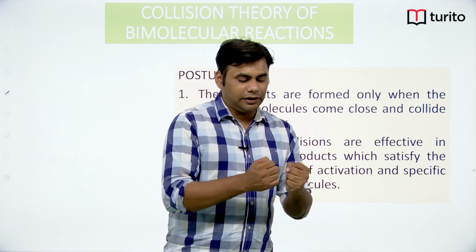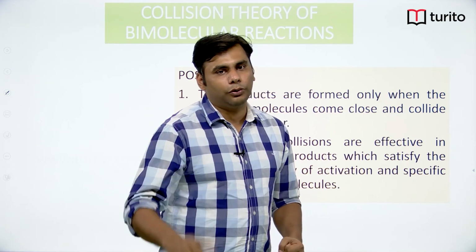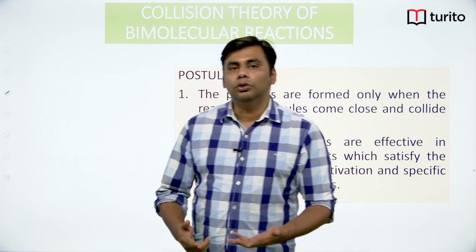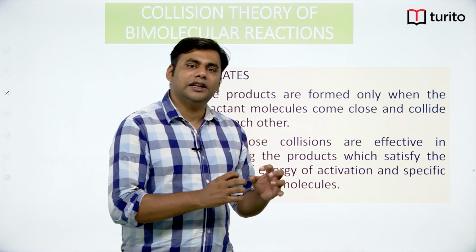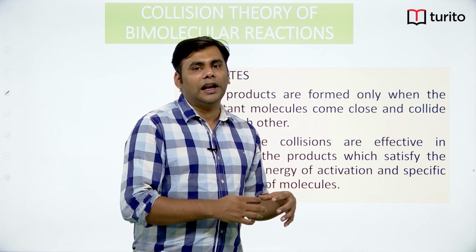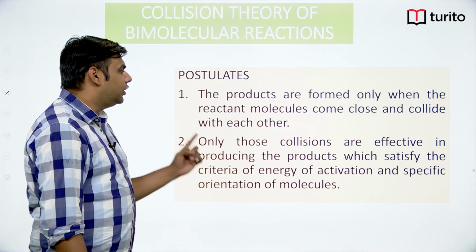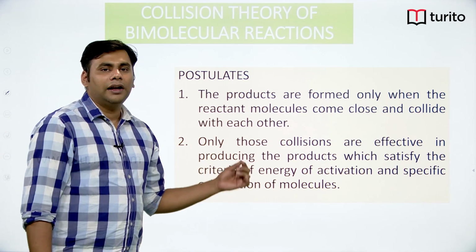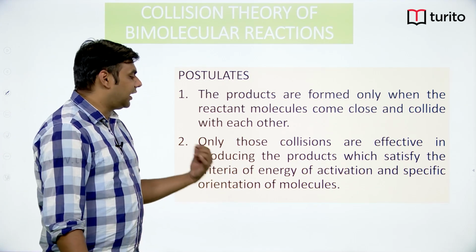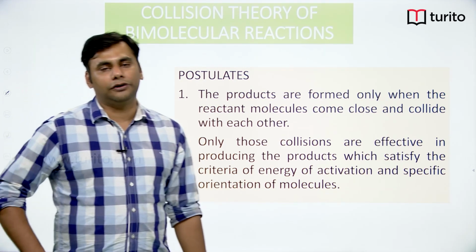When the reactant molecules collide, they can transform into product, but all collisions do not result in a chemical reaction. Only certain specific collisions would result in the formation of product. Only those collisions are effective which satisfy a minimum criteria, that is, the energy of activation and specific orientation of molecules.